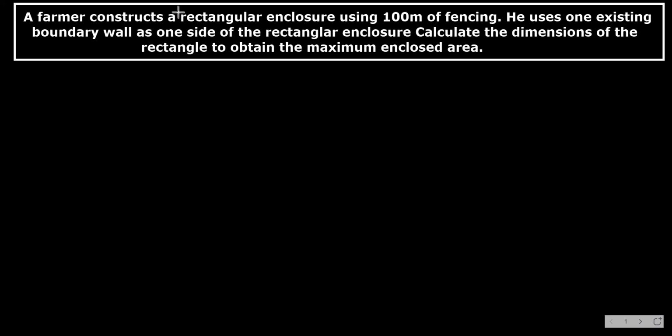We know the shape of the enclosure. It is a rectangular enclosure. We are also given the amount of fencing. And they also tell us that the farmer uses one existing wall as one of the sides of the rectangle.